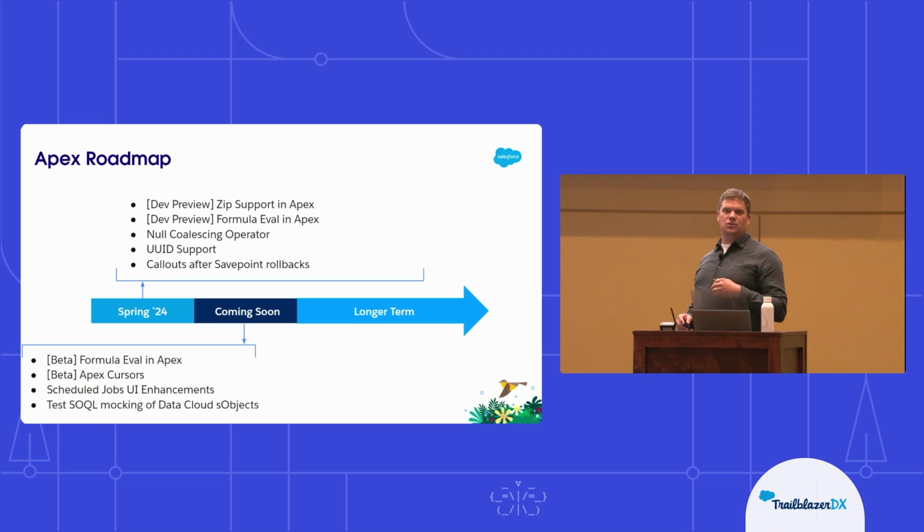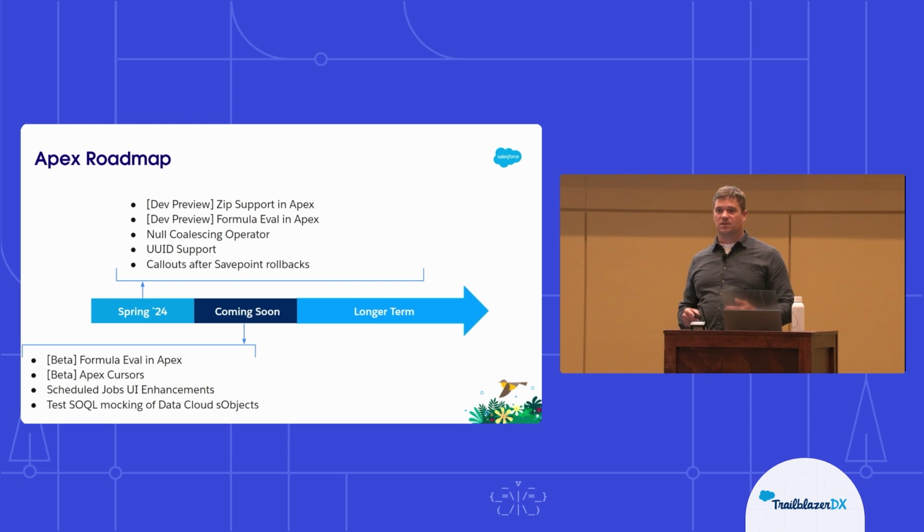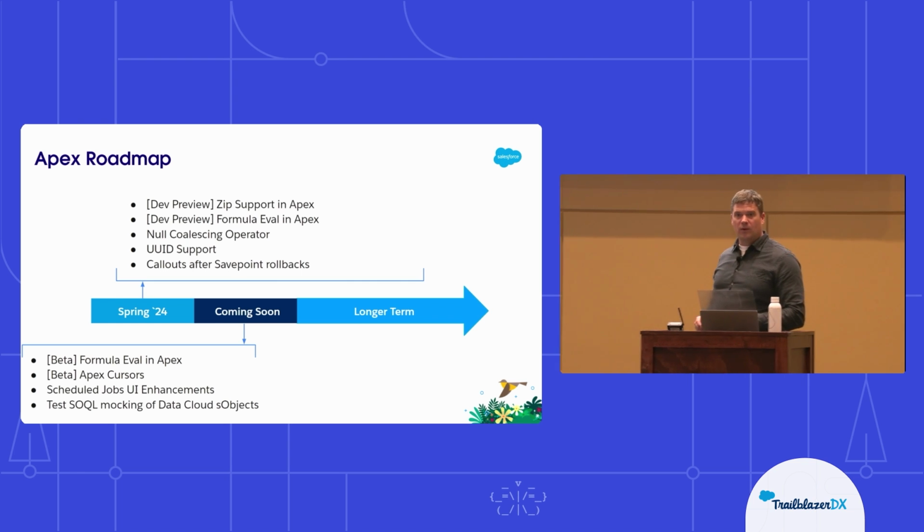Beyond that, there's the scheduled job changes for the UI enhancements to allow you to pause and resume your jobs, to see the cron expressions that they're using, and to see what your current limit usage is tracking at. We're also working on a number of features that integrate with the Apex language, so we're increasing your Data Cloud language support in Apex.